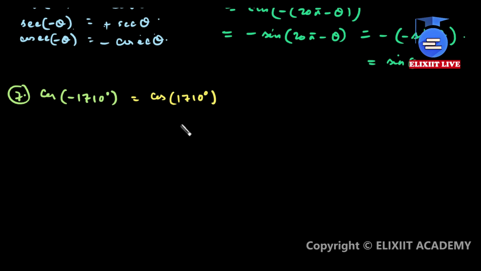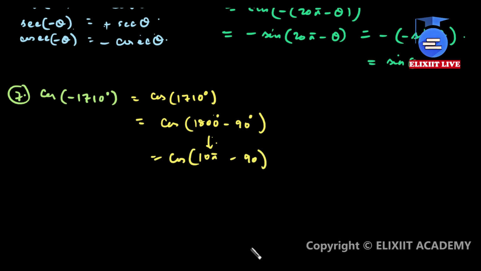Can I write this as 1800 minus 90? 1800 means 10 pi, right? It's the same as cos of 10 pi minus 90. 10 pi means even multiples of pi, on the no change axis.